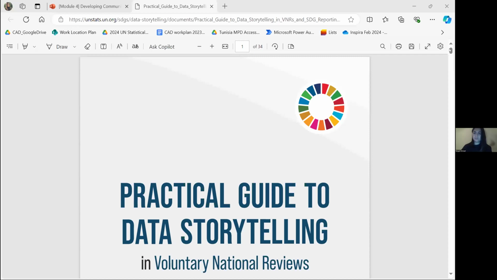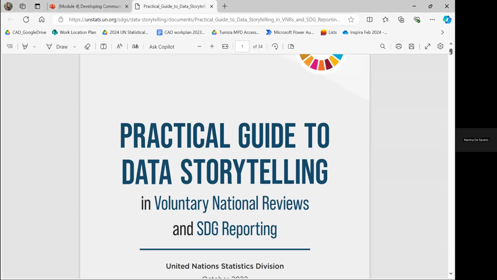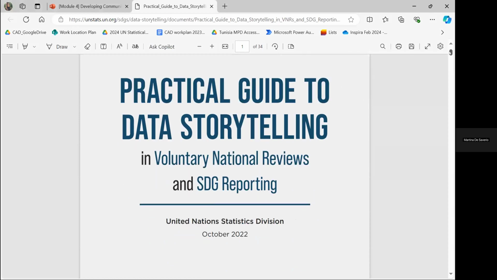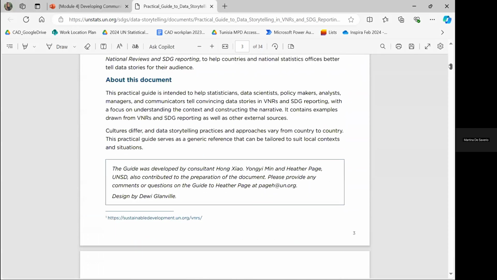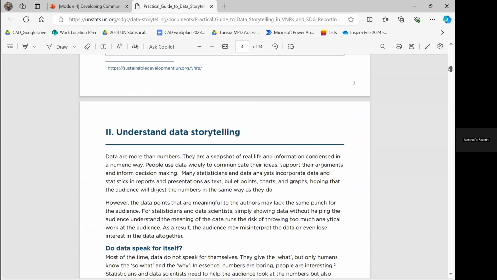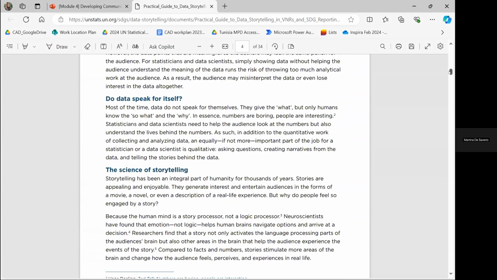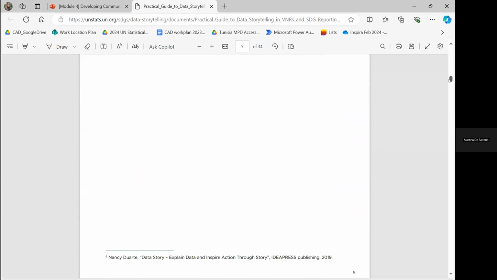Yes, so this guide has been developed by UNSD, and it gives you some tools and instruments to develop your story, especially for the voluntary national reviews and for SDG reporting. Some of the material that we presented here during this presentation has been taken from this guide.